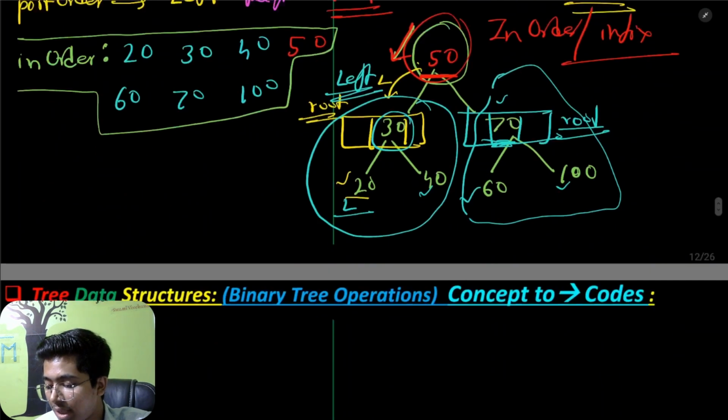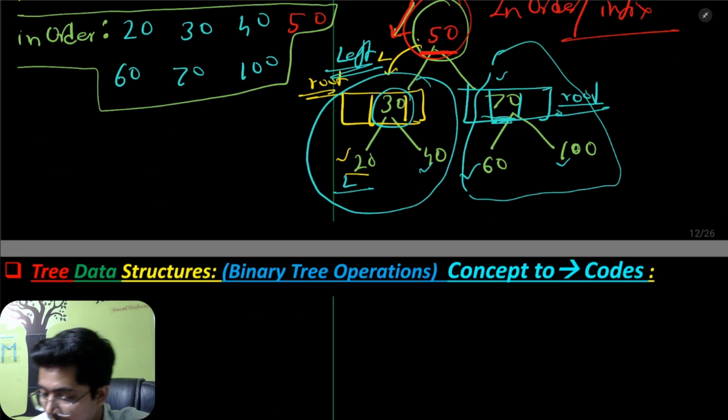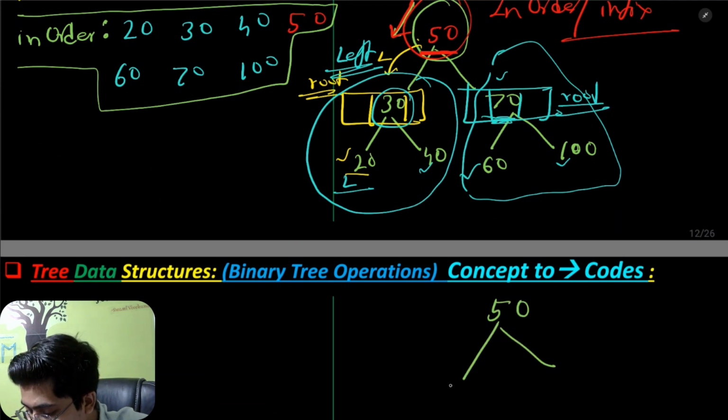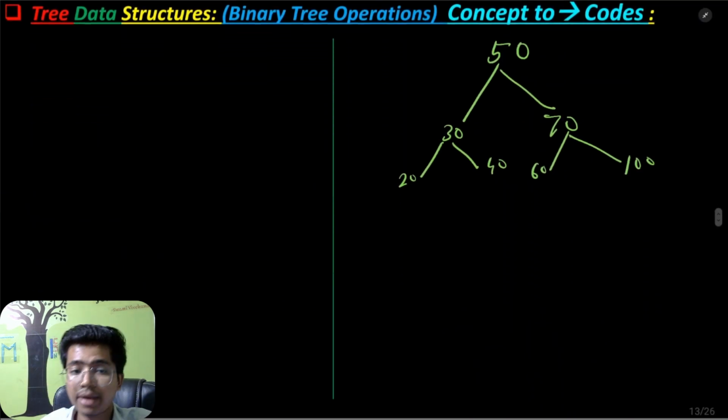Now again we'll try to understand the same thing, because we have to solve the program, and we will check if our program provides us the same solution or not.